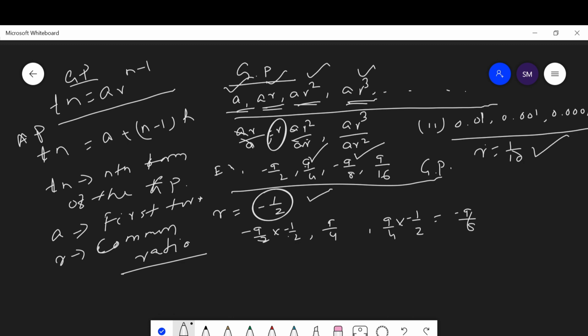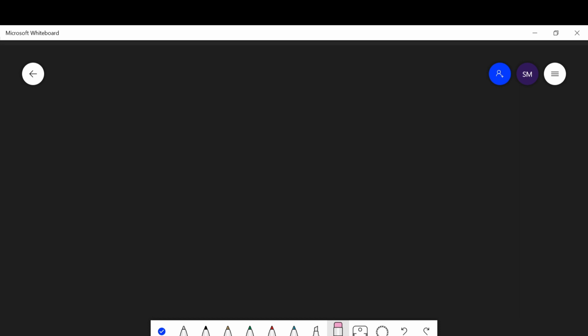Let us discuss some important points to remember for GP, as we discussed important points for AP. If there are three terms in GP, then assume them as A upon R, A, AR.